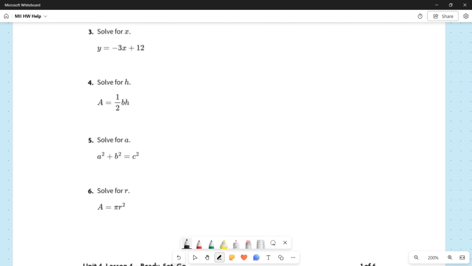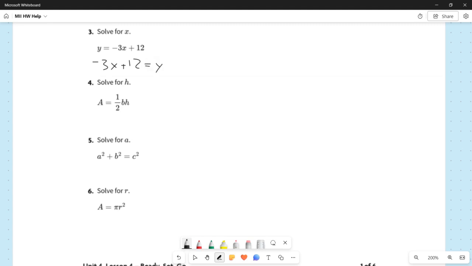The very first thing I'm going to do, and this might not be how you do this, but for me, it says solve for x, and x is on the right-hand side. I don't know why that bothers me. So sort of like step 0 here, before we really do anything, I'm just going to flip this. I'm going to say negative 3x plus 12 equals y. I didn't really do anything.